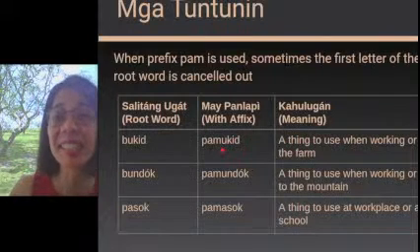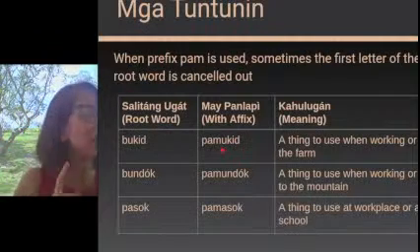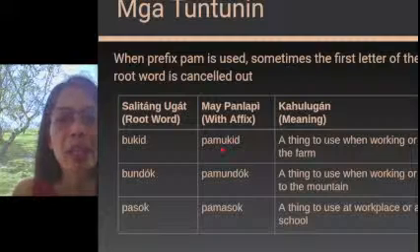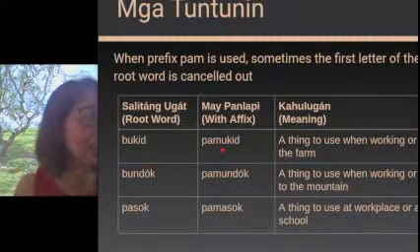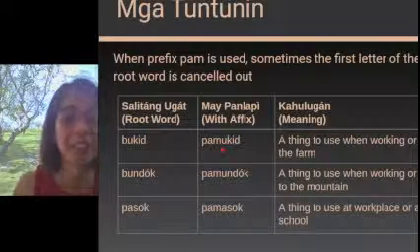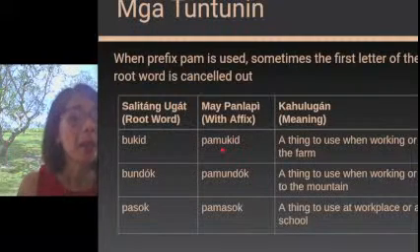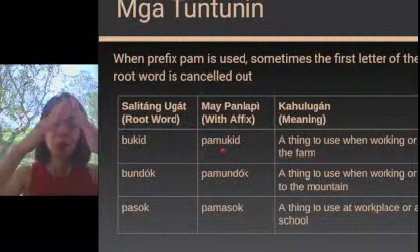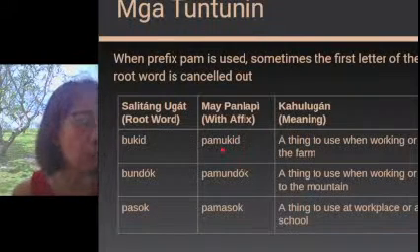It's just like Islam, right? You have to cancel out some kind of rolling of your tongue. Pambukid versus pamukid doesn't really sound different, right? It just sounds the same, so make it faster. Pamukid. Bundok, mountain. Pamundok, instead of saying pambundok.